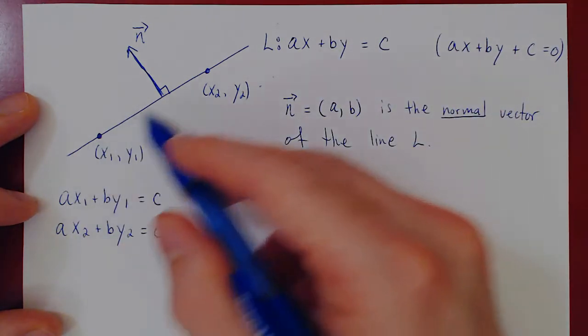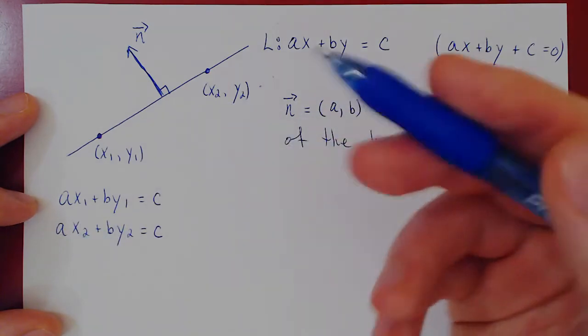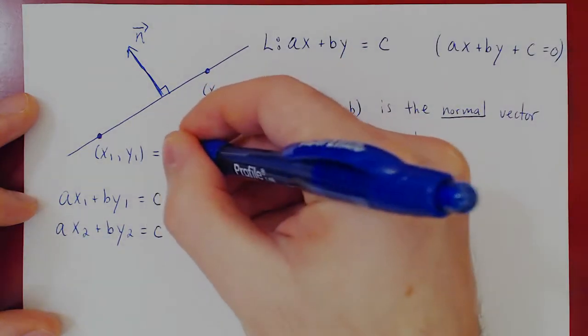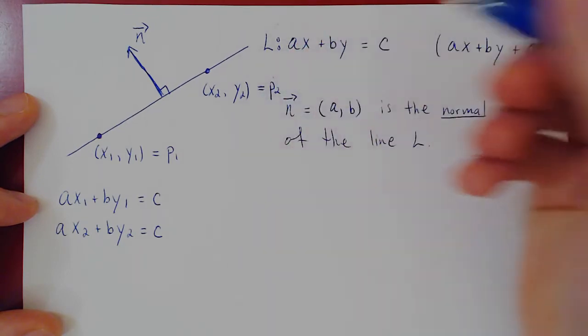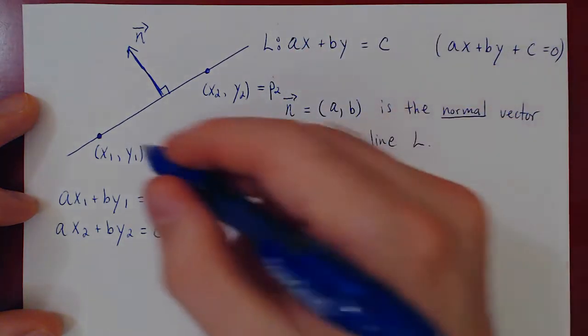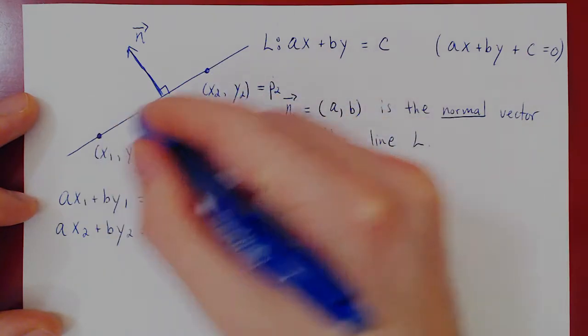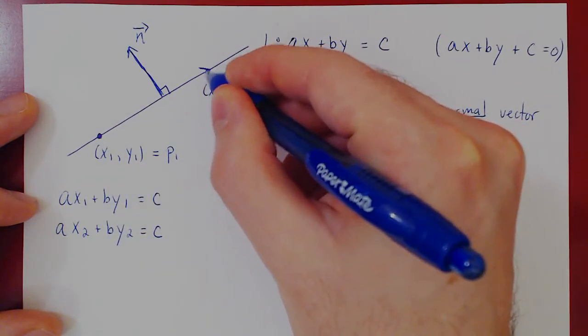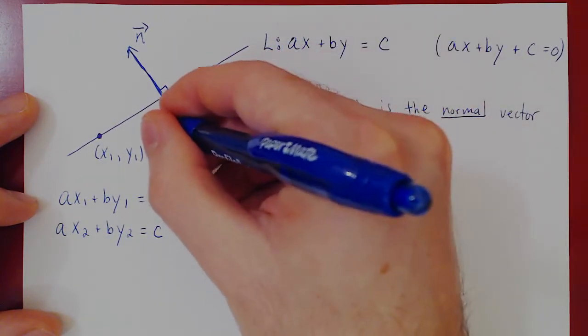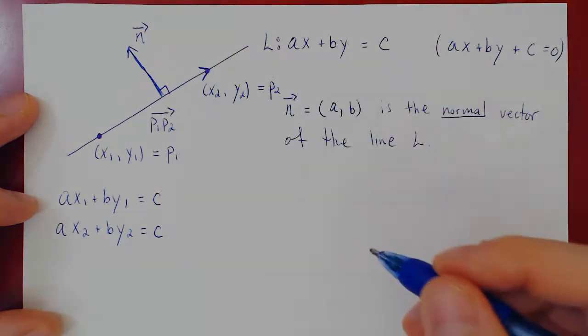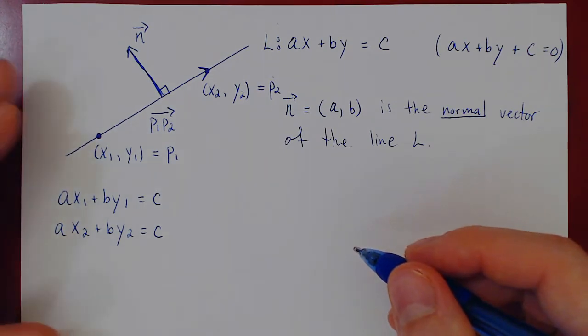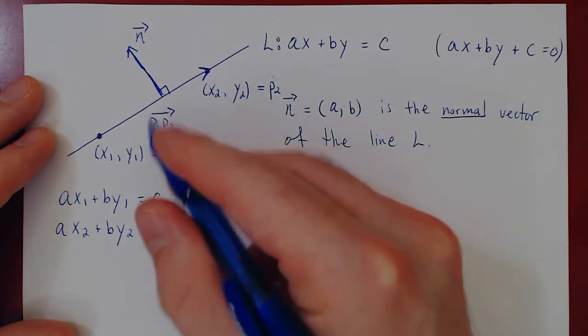And of course, now with these 2 points on the line, we can connect them. Suppose we call this P1, and we call this point P2. We can connect them and form the vector P1P2. Well, let us find the coordinates of this geometric vector.